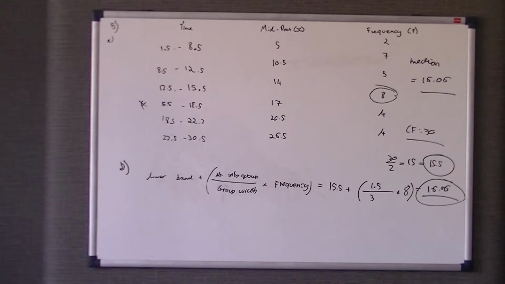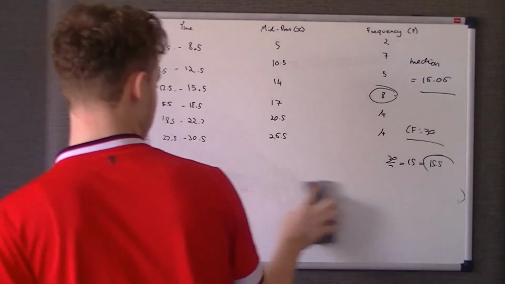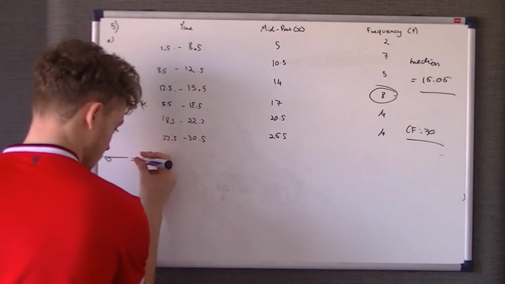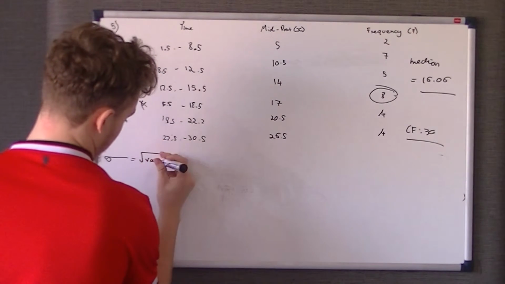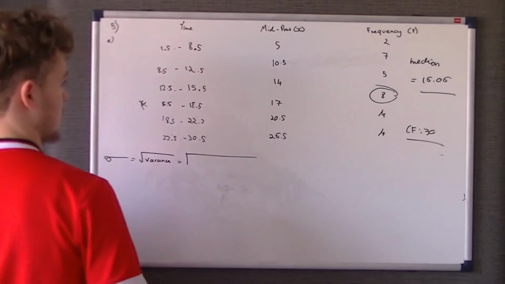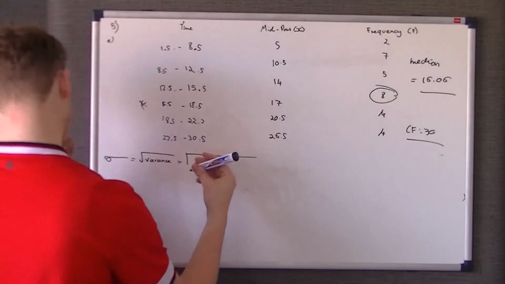The next part asks us to find, let me just double check, the standard deviation. Obviously we're going to have to do quite a bit of calculation to work this one out. We should know that the standard deviation is the square root of the variance. It's just one of the things that you should know.